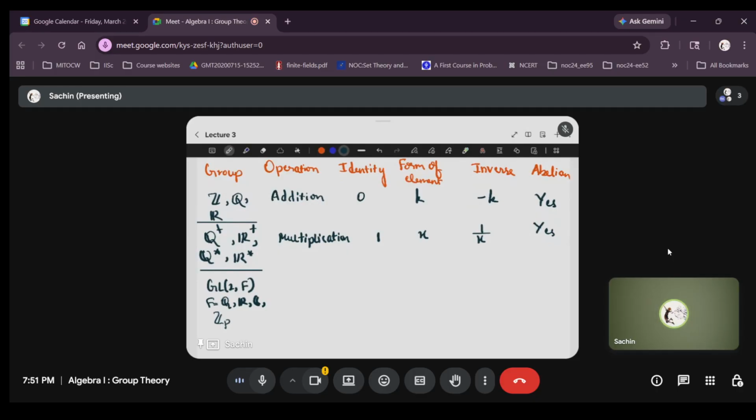When I'm not specifying whether it's a prime or not, I'll simply write it as Z_n. I won't say again and again that p is a prime, because it is very standard notation to use p to mean a prime number. All these under matrix multiplication.